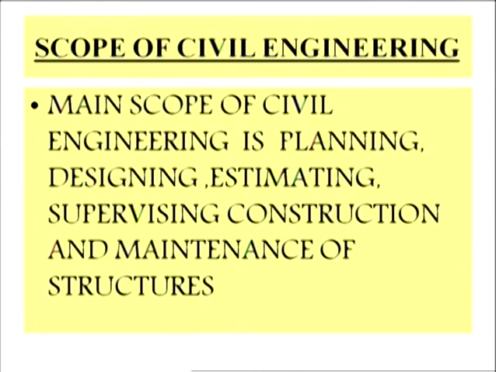Therefore, the scope of a civil engineer is also very wide. The basic or fundamental duties which a civil engineer has to perform are planning, designing, estimating, supervising the construction, and maintenance of the structures. These are the very important and main duties, what we now call the scope of a civil engineer.